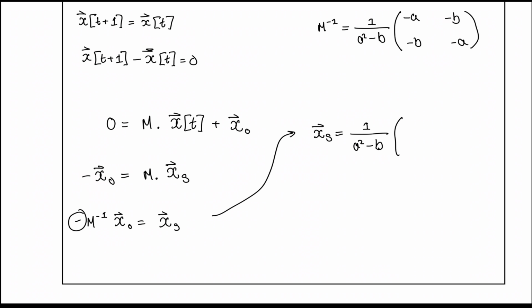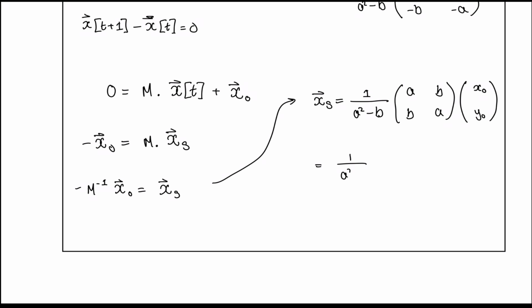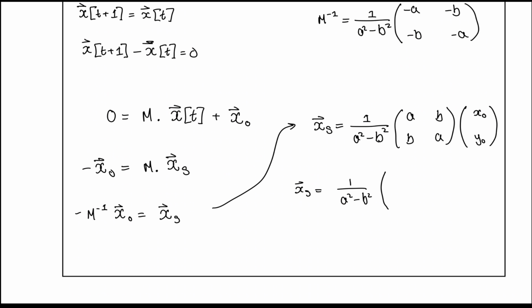If I take this minus sign into the matrix, we get a, b, b, a, and then we're going to multiply this by this vector, x0, y0.